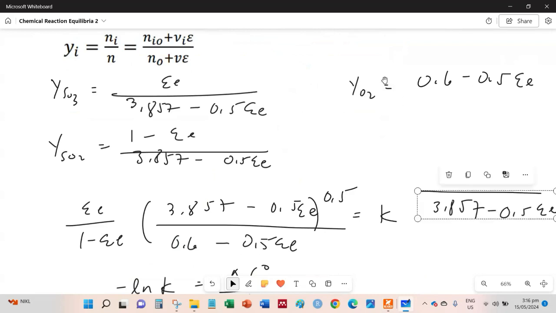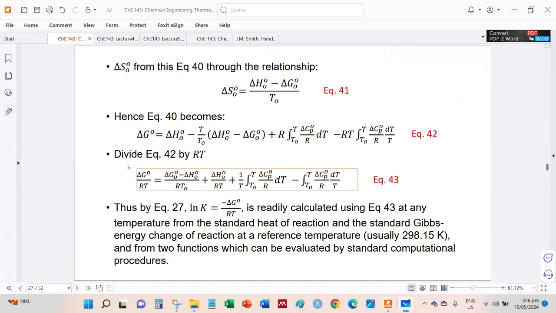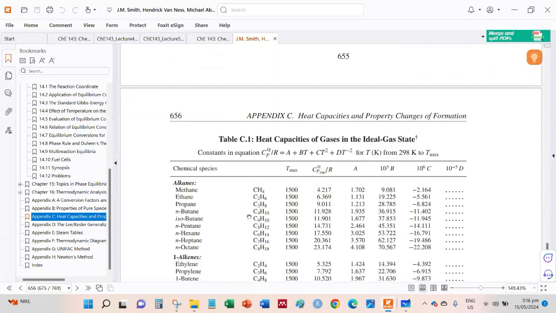For all of the species, you need to get the CP from the CP table right here, C.1.